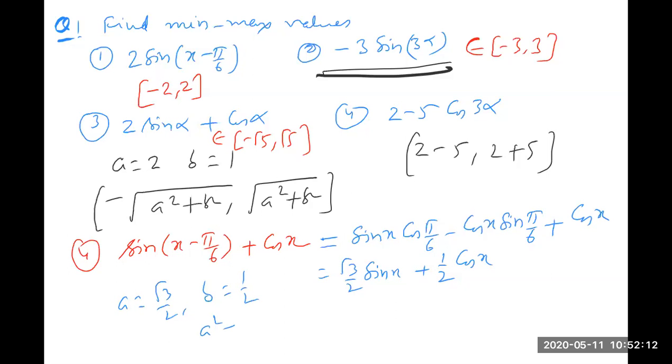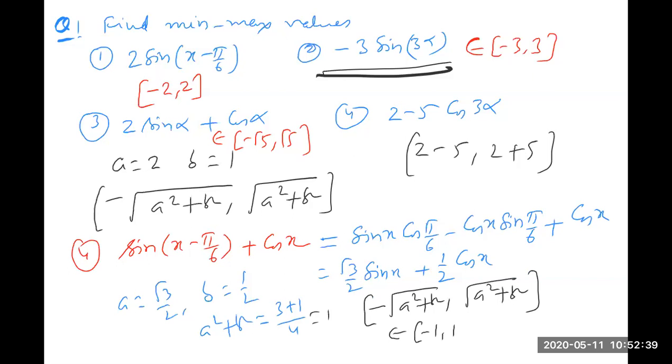So A square plus B square is equal to 3 by 4 plus 1 by 4, which is equal to 1. So the answer is minus under root a square plus b square to under root a square plus b square. So this answer will be minus 1 to 1.